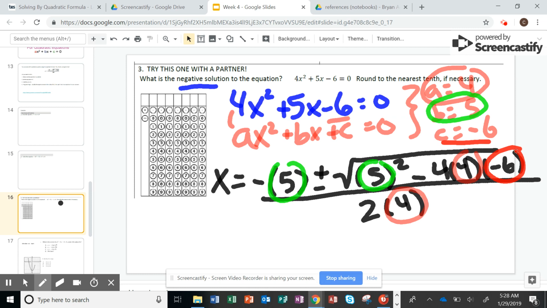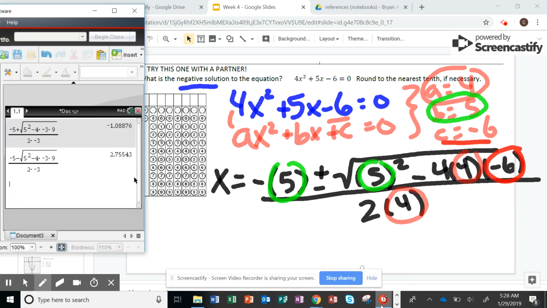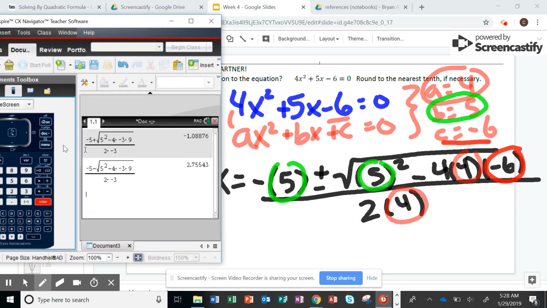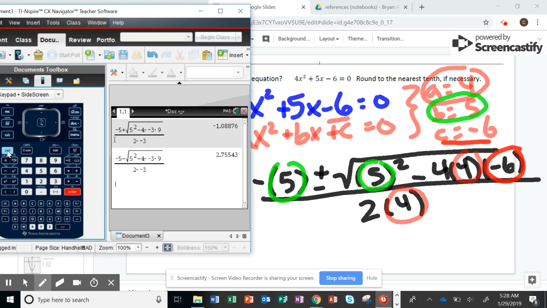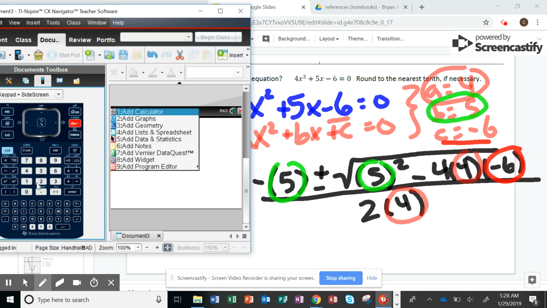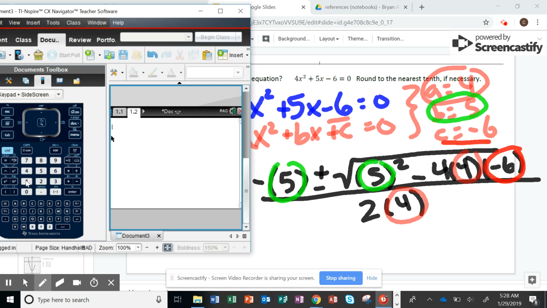So we can't really determine which one from the plus or minus is going to give us a negative solution, so we're just going to have to try to put both into our calculator. So let's go back over here. Let's go to control doc, add calculator.